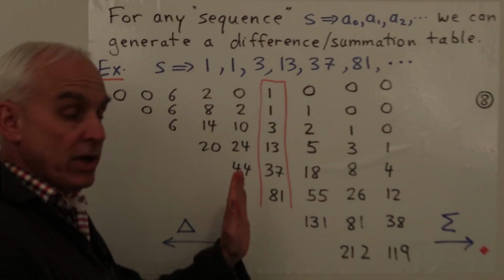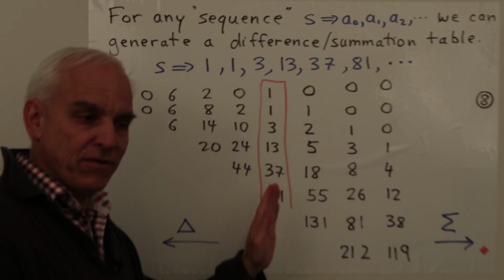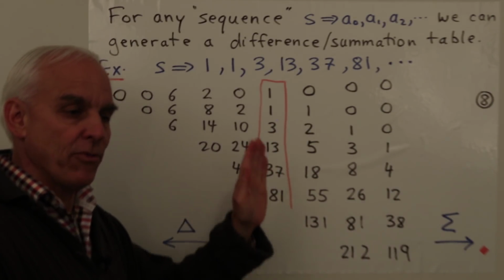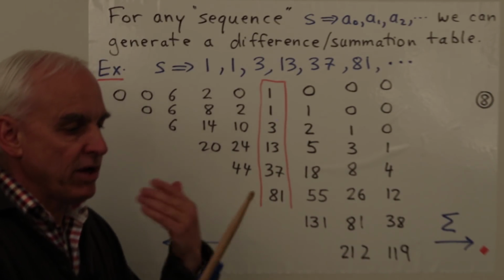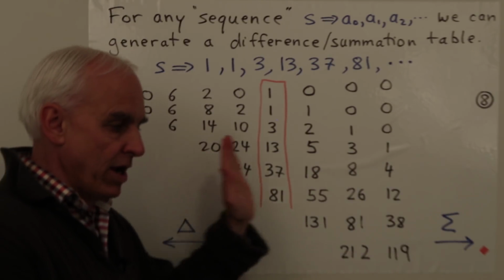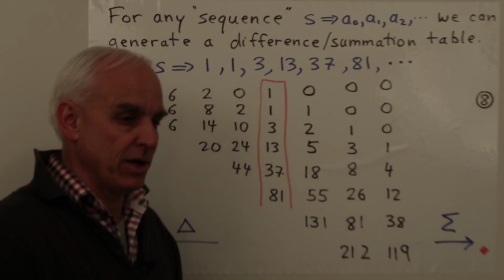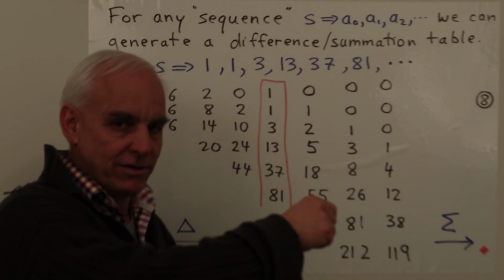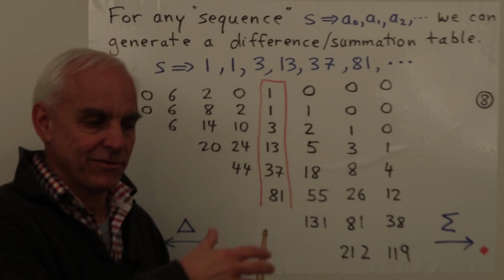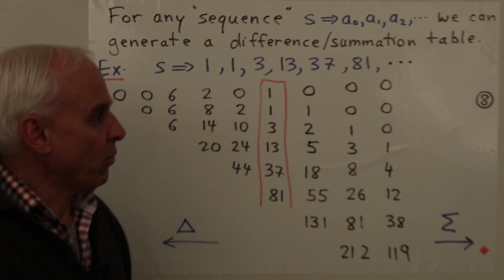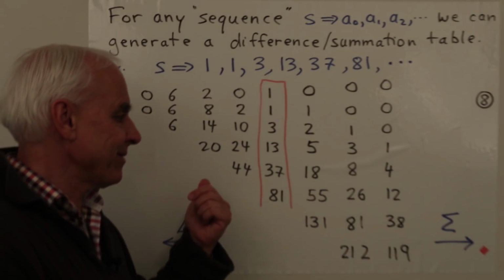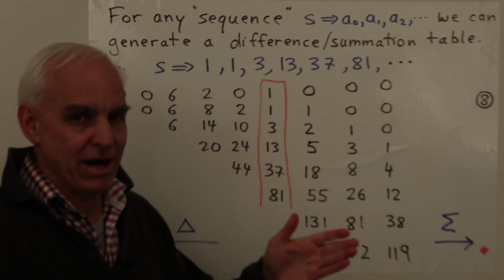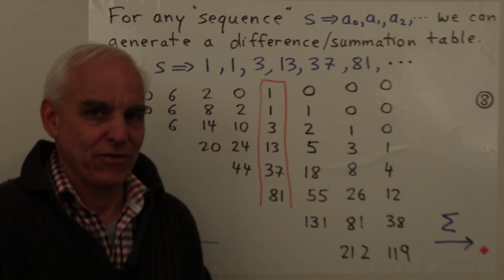So there are 2 things we can do. We can perform differences on this sequence, or we can perform summations. Now, previously, when we talked about difference tables, we went to the right, and when we talked about summations, we also went to the right, because it's easier to write from left to right for most of us. But when we're dealing with differences and summations, we want them to go in different directions.